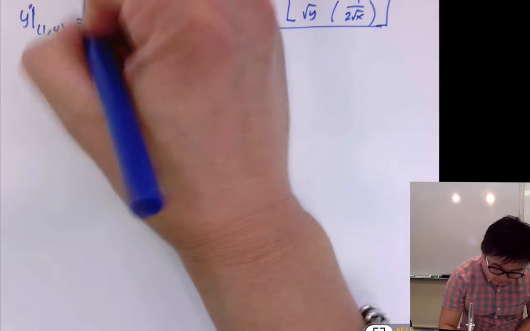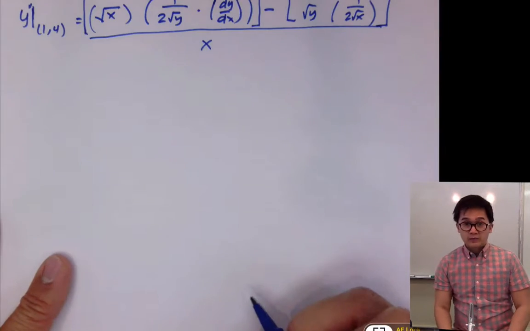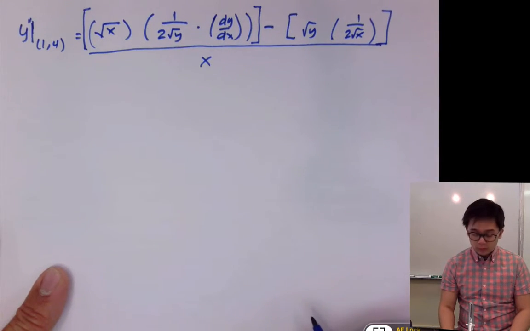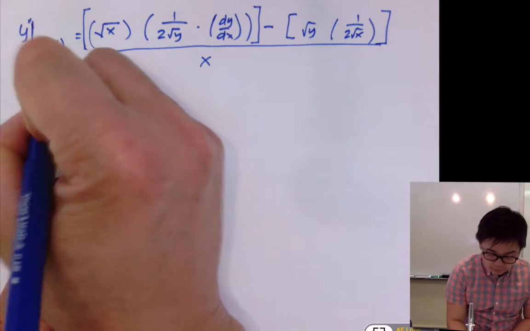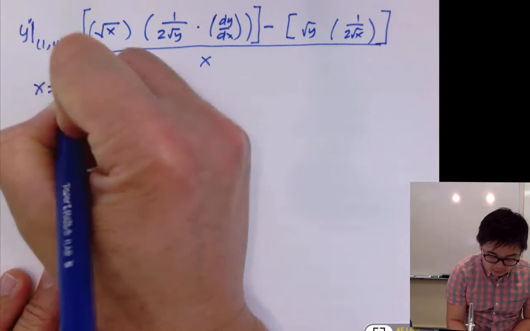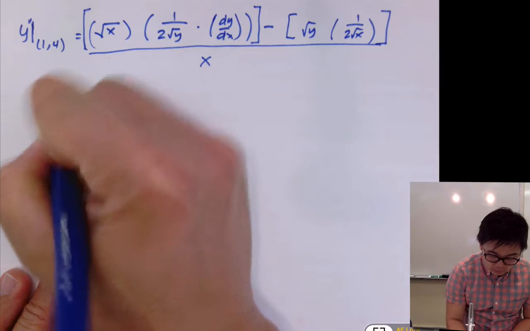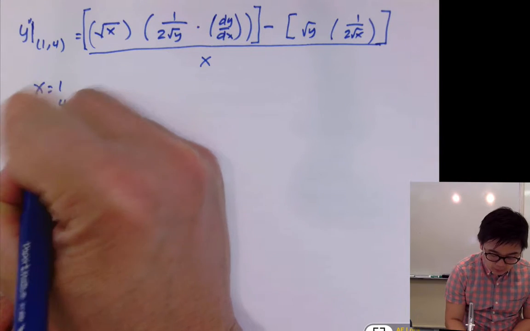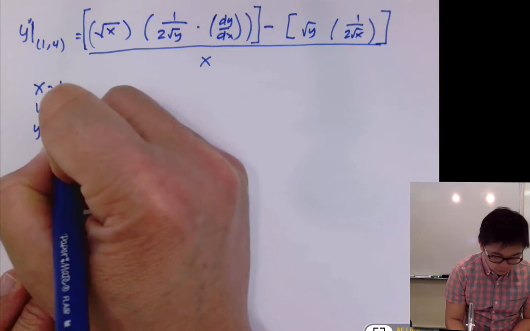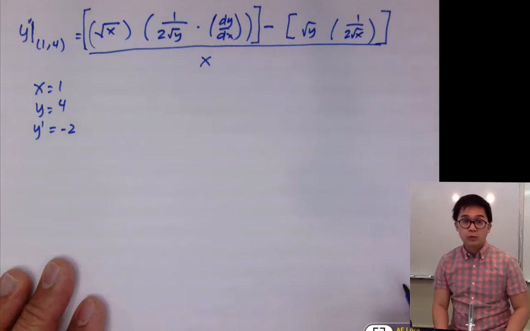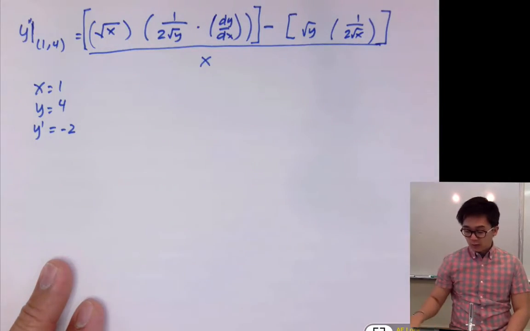Now that we have set it up, we know that our x is 1, y is 4, and y prime, or the dy/dx, is equal to -2. And we're plugging it into our equation right here.